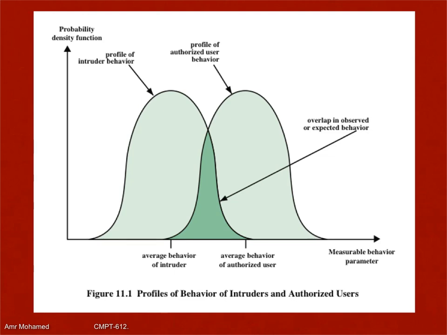So this is the profile of an intruder's behavior, and this is the profile of a legitimate user. Okay. So there is some kind of overlap, and this overlap is the tricky part, because you can, for example, perform the IDS, or the intrusion detection, based on some loose criteria, which tries to detect all types of intrusion.